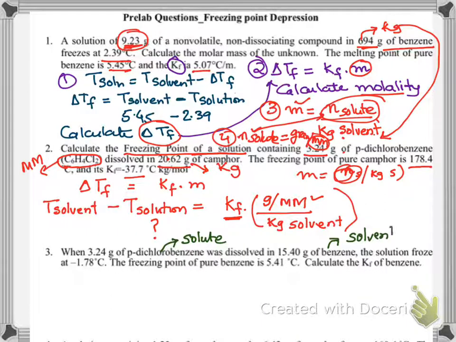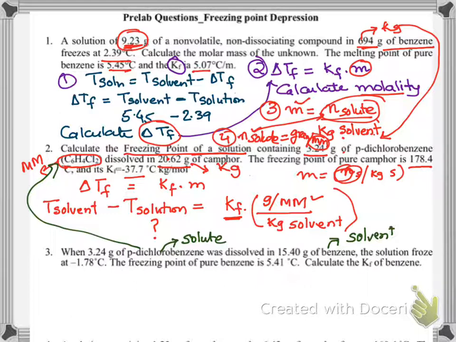And you can find the formula for para-dichlorobenzene. It's right here in question number 2. The given is the solution froze at negative 1.78 degrees Celsius. The freezing point of pure benzene is 5.41 degrees Celsius.